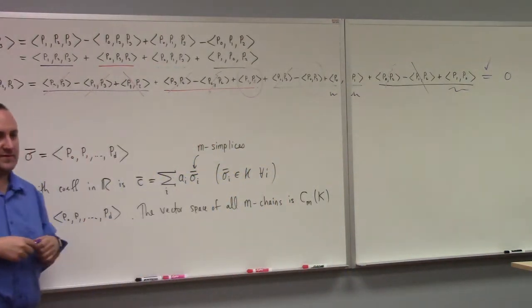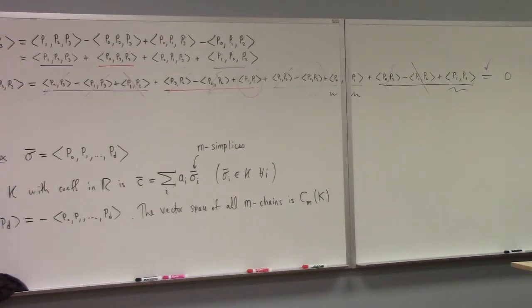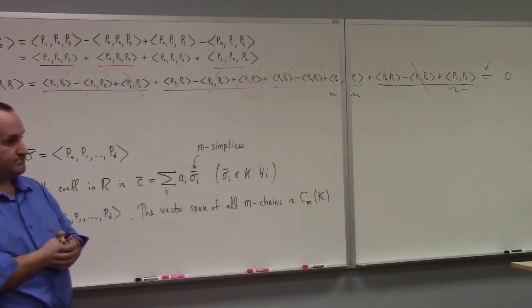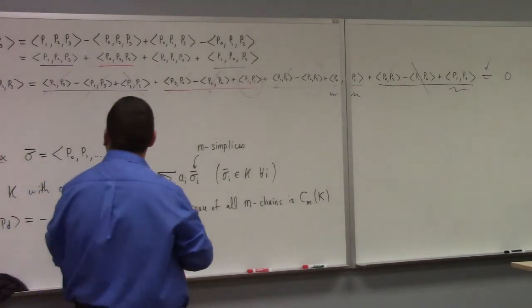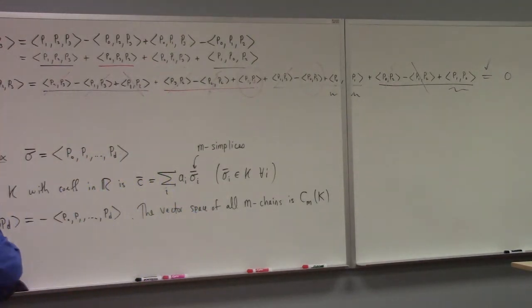In the handout that I posted, there's a proof that partial squared is 0 on an arbitrary oriented simplex. So this ends up showing that with the orientation we gave to the faces from the original boundary, if we look at the specific line segments, we always have a line segment going one direction and also going the opposite direction in a different face.